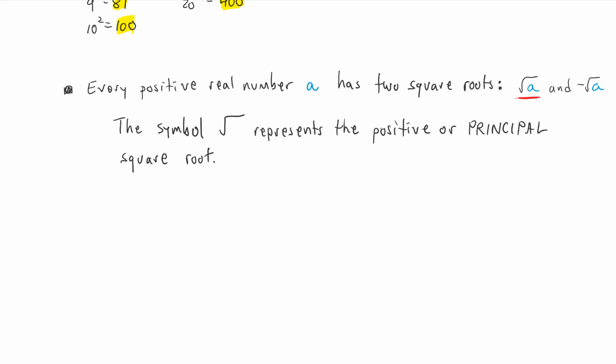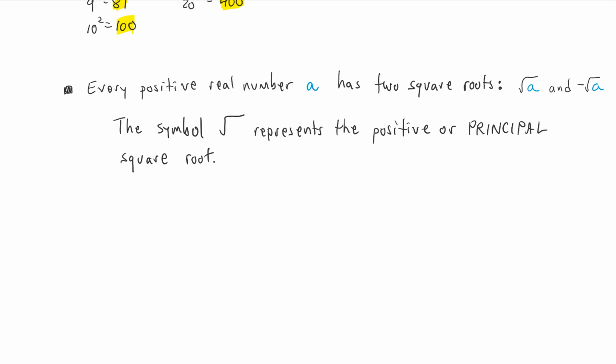So right here, this is the positive or principal square root of a. Then over here, this is the opposite of that. Opposite just meaning negative. Since this denotes the positive one, then you throw a negative out front, you're basically saying, okay, take that positive one and find its opposite, or the negative principal square root of a.